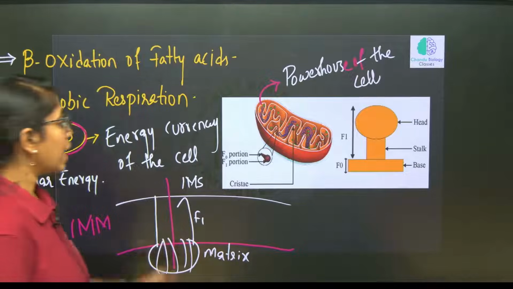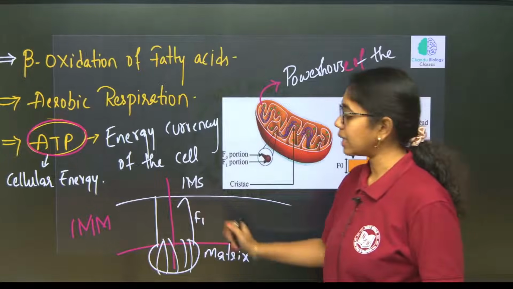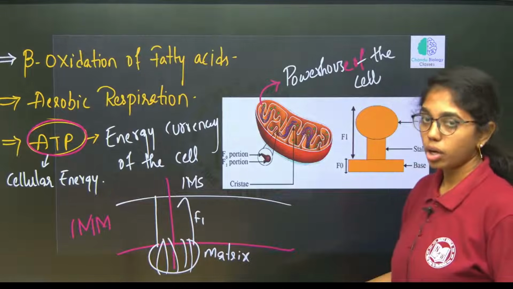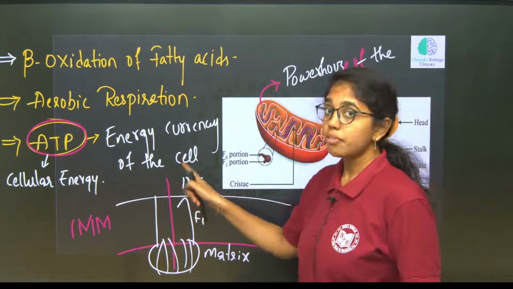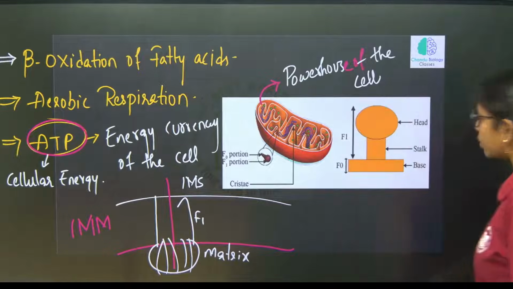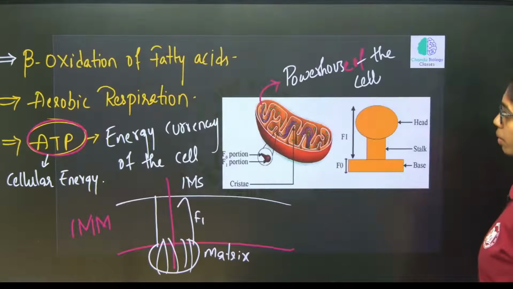Remember this F0 F1 pump, which will pump the protons from the intermembrane space to the mitochondrial matrix. Clear, right? This is all about the organelle mitochondria, which is a double membrane bound organelle.